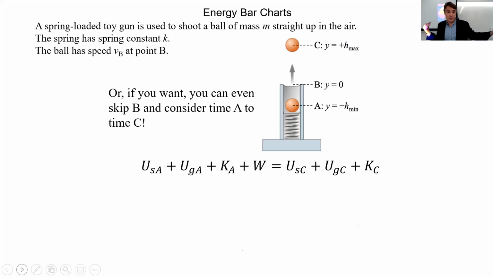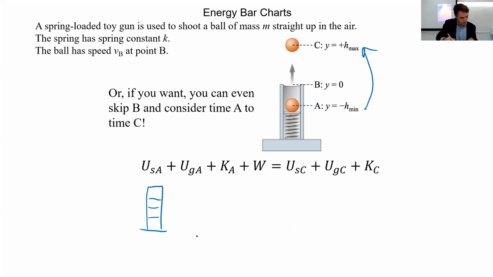Or if you want, you could even skip the middle phase and just compare A to C, in which case you've got the spring initially compressed, and those are sort of 4 things.